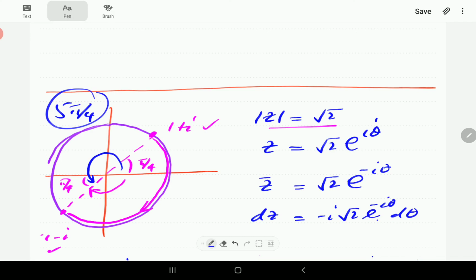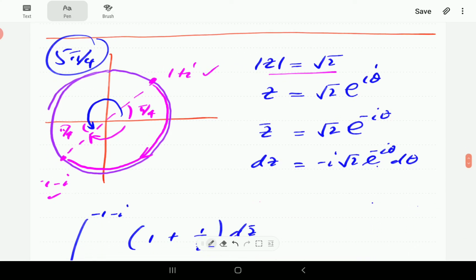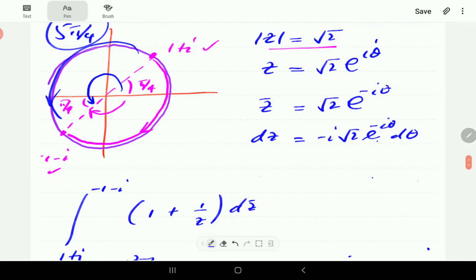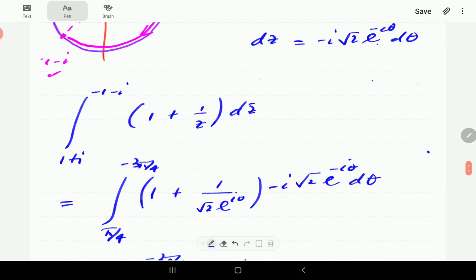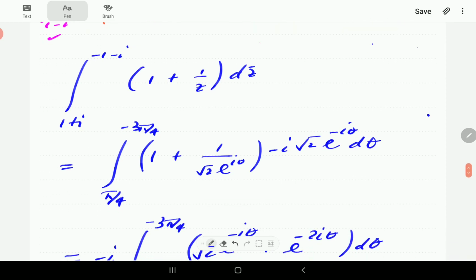So just be careful to be clear which direction the question is asking. So in this sense, it would be from pi on 4 to 5 pi on 4, but it is in the clockwise sense, so it's to negative 3 pi on 4.